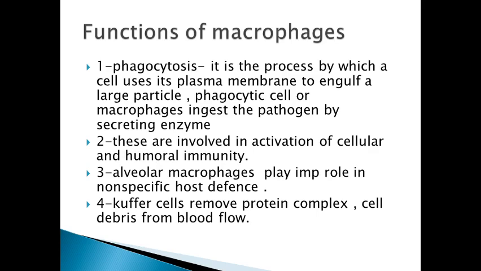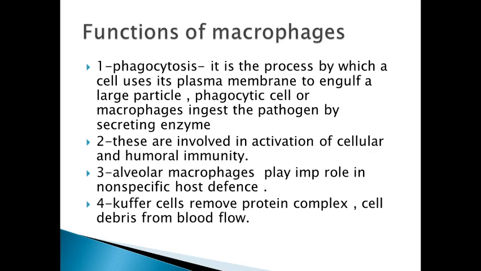Whenever the phagocytic cell captures or engulfs the antigen with the help of pseudopodia, simultaneously it produces certain enzymes like lysozyme, with the help of which the antigen is engulfed and destroyed, converting into a phagolysosome. That part we know very well. So this is the process of phagocytosis, the major function of macrophages.